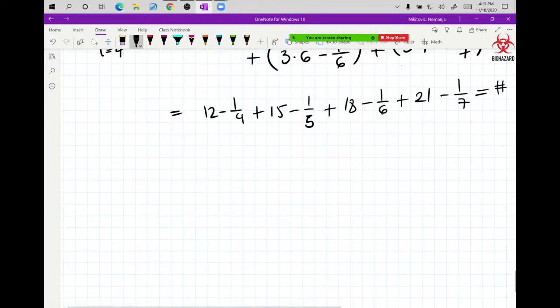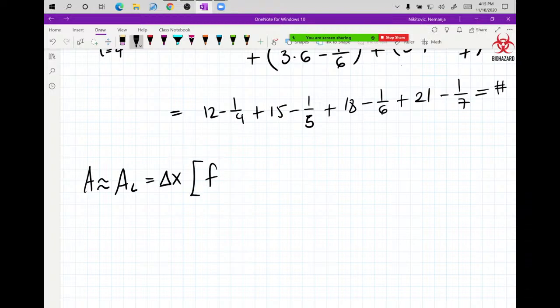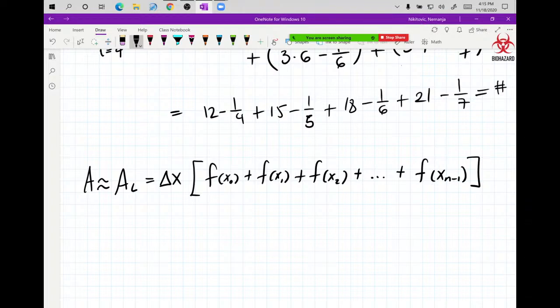So now, if I use summation notation on my formula from before, where area from the left was delta x times f of x0 plus f of x1 plus f of x2 plus, up to f of x n minus 1, which is the last one. You immediately see this index 0, 1, 2, 3, 4.